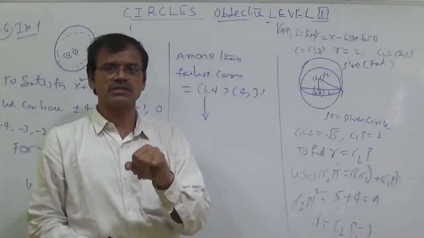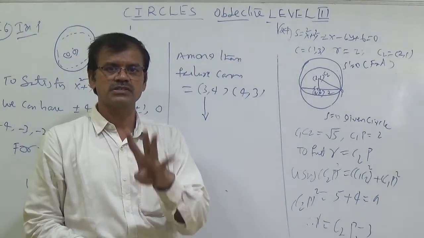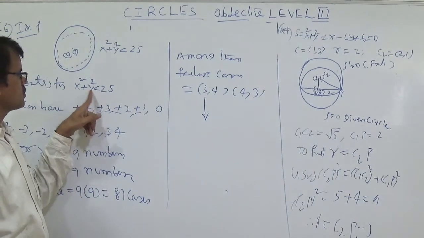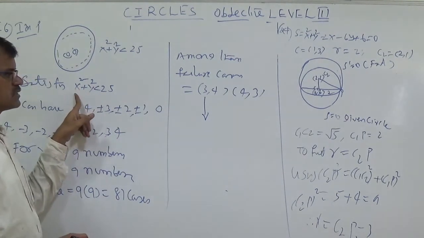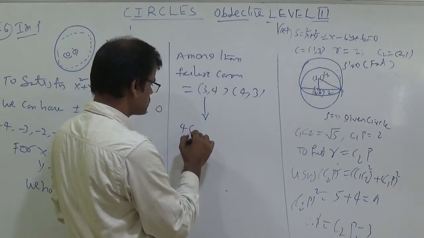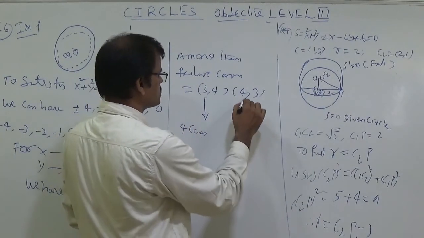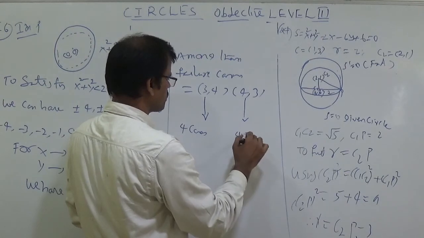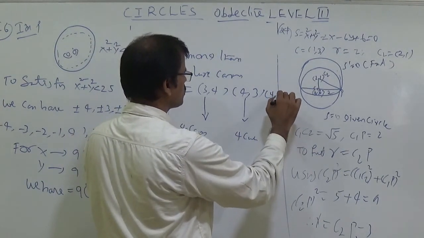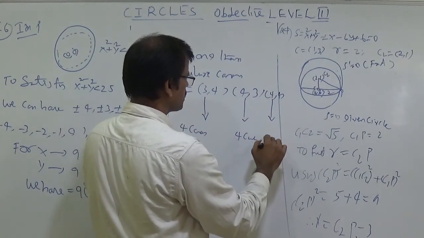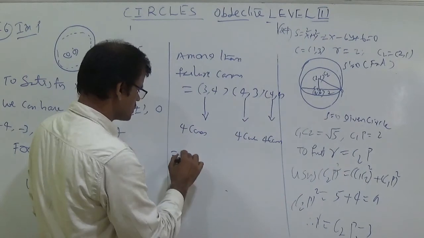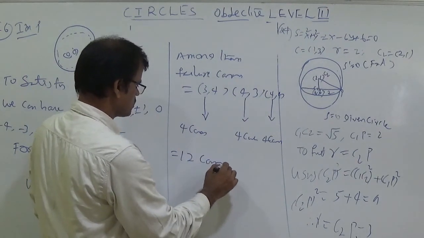Total 4 cases are not possible, such as minus 3 and plus 4, minus 3 and minus 4. So 4 cases. Failure cases I am writing: 4 cases. This is also 4 cases. And again, 4, 4 is also not possible, 4 cases. So failure cases equal 12 cases.